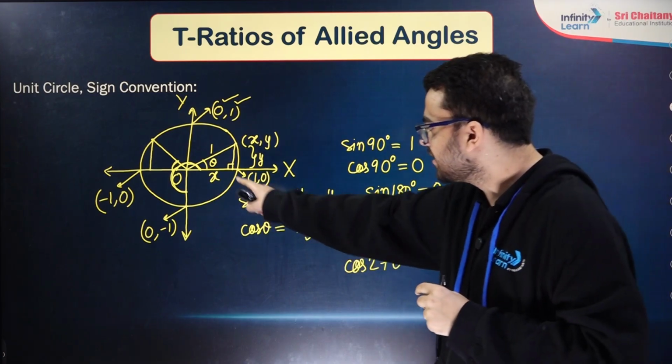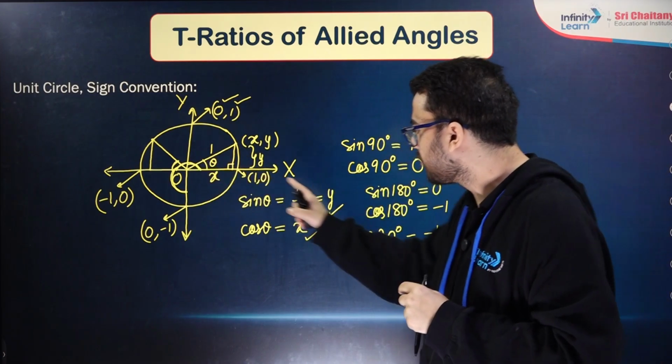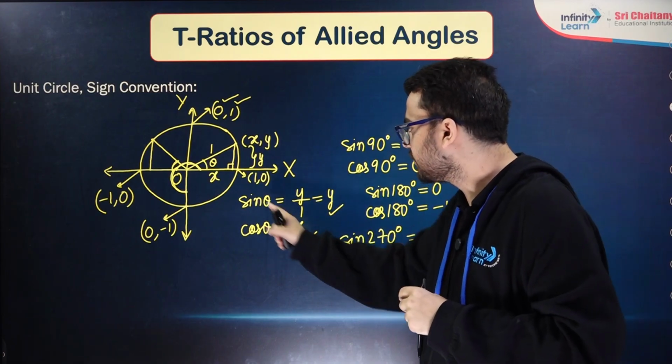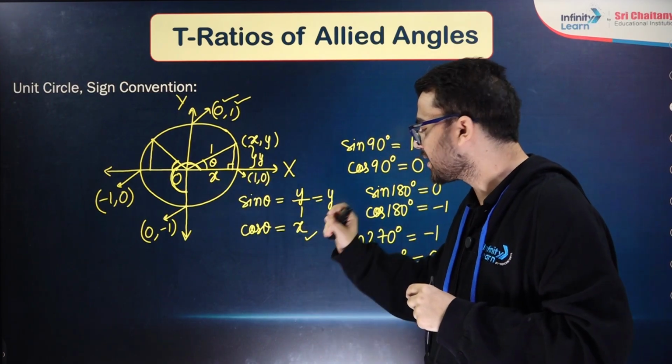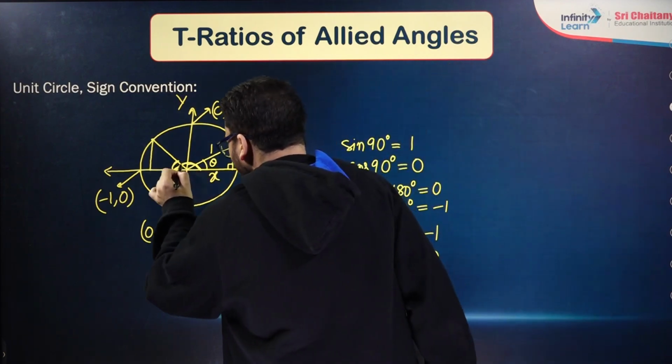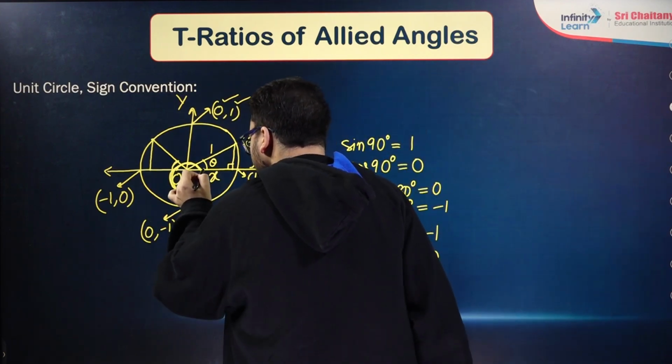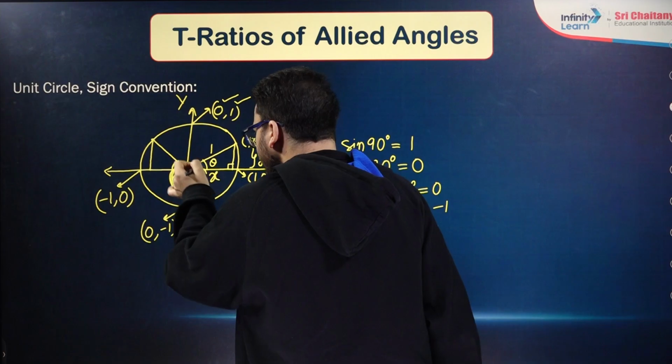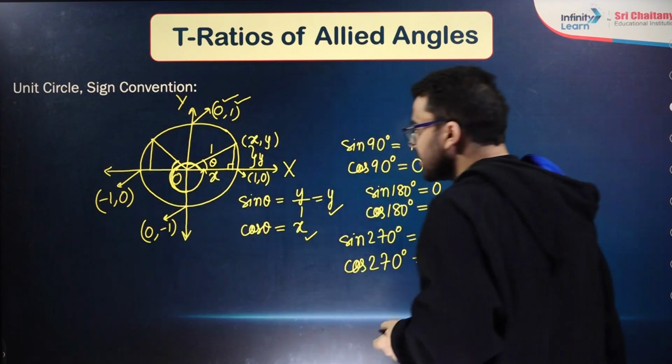You see, sine theta was what? Perpendicular upon hypotenuse, so y, and cos theta was what? Base upon hypotenuse, so x. I hope it's clear. And so on, if you keep on rotating like this, you'll get 360 degree angle, right? One complete revolution in the anti-clockwise direction.